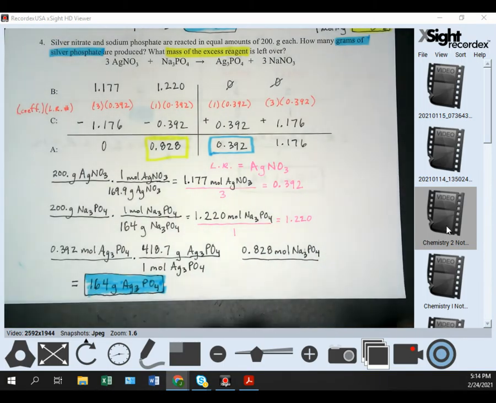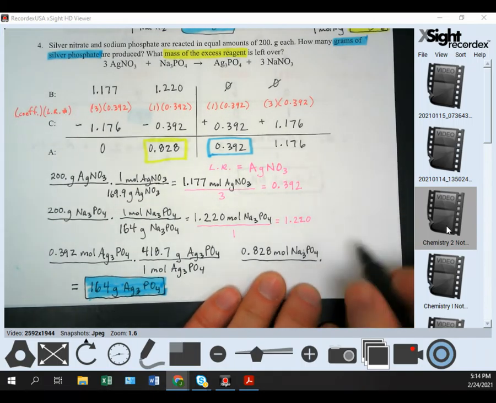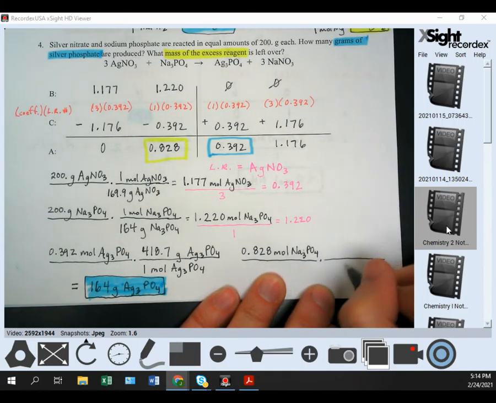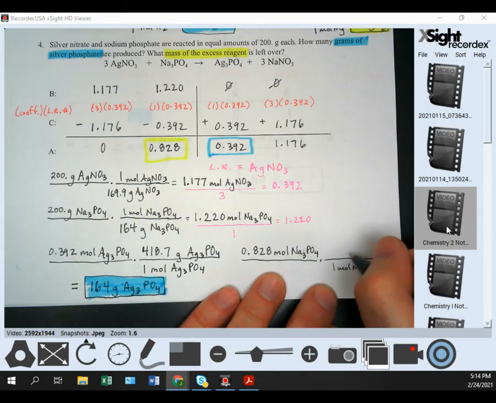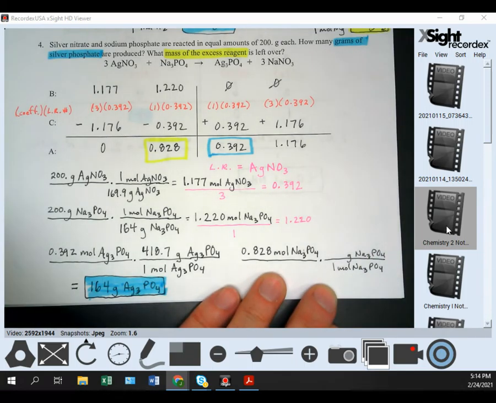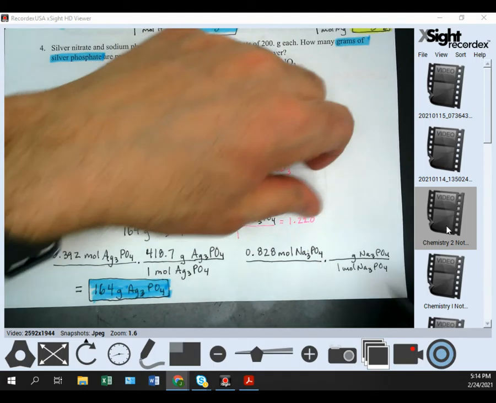And we're going to turn moles of Na3PO4 into grams. So Na3PO4, 3 times Na is 23, plus 1 times phosphorus is 31, plus 4 times 16 equals 164.